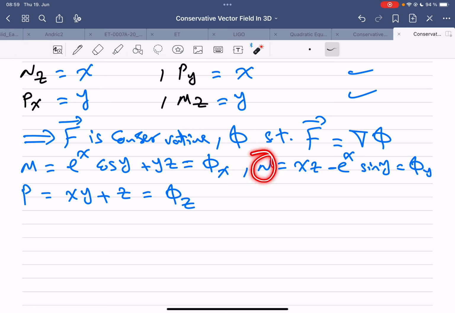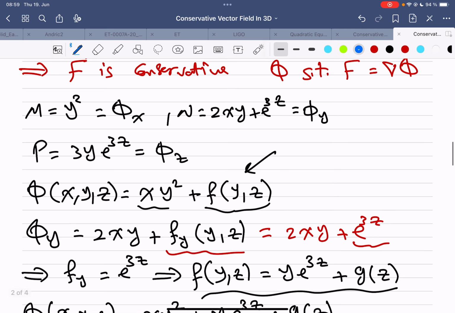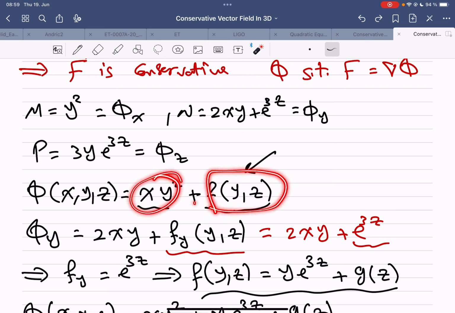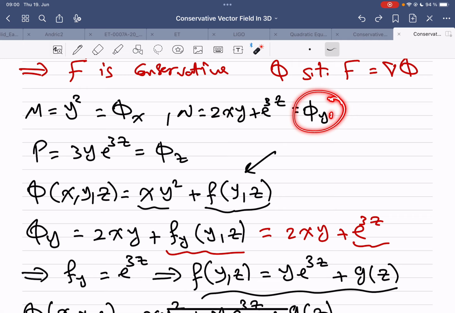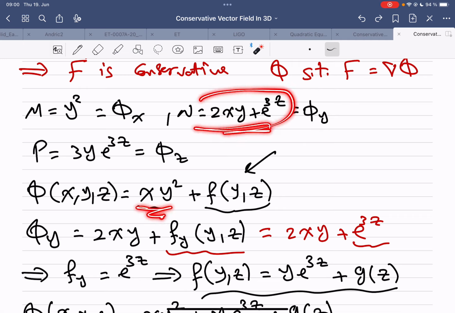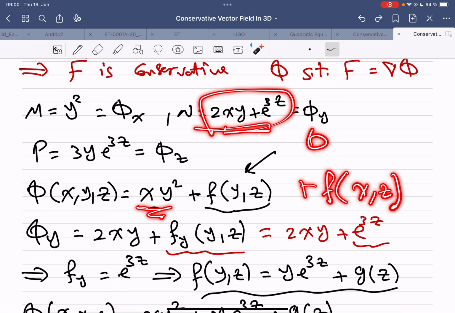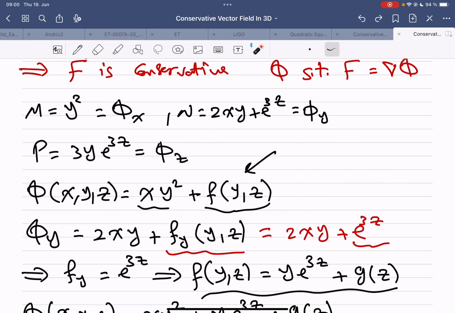You can start with n and integrate phi y with respect to y, and then you will have a function. If instead of integrating phi x with respect to x you integrate phi y with respect to y, it will give you some term plus a function of x and z, and then you will calculate phi x and go in the same steps.